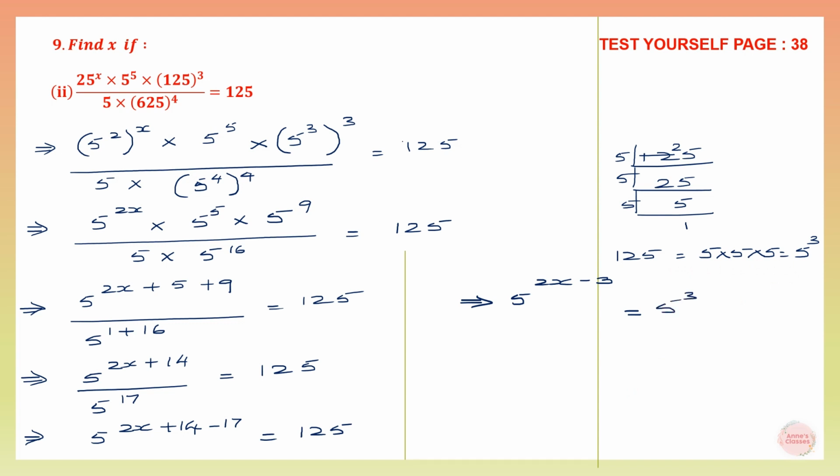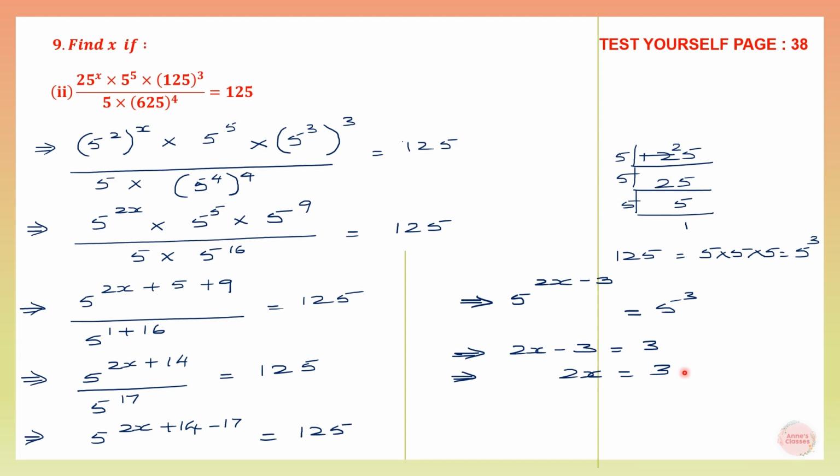So now when the base is the same, the powers are equal. So 2x minus 3 and 3, they're equal. So we're going to write that 2x minus 3 is equal to 3. The powers, we've written only the powers. Now we're going to find the value of x. 2x is equal to 3. Now we are going to transpose this minus 3 to the other side.